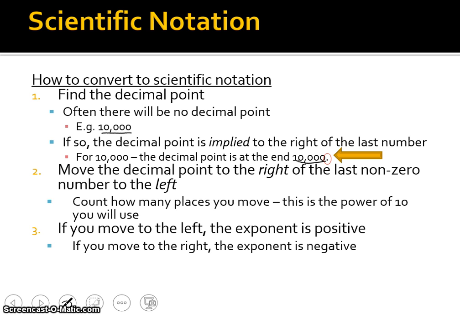If you move to the left, as you do with a large number like our example here, that's going to be a positive exponent. If you move to the right, that means you have a really small number and you'll have a negative exponent. And then you just drop any zeros to the right, okay?